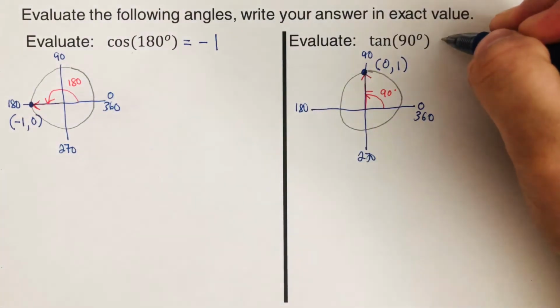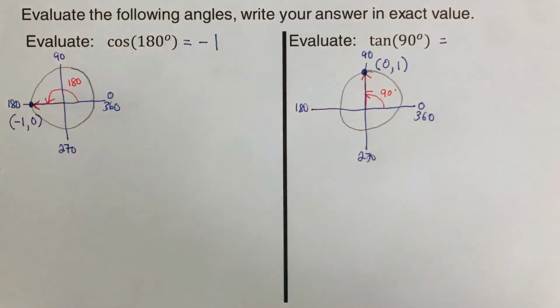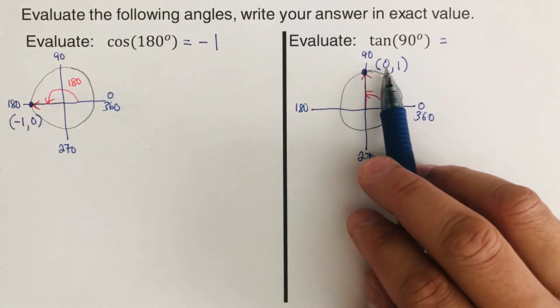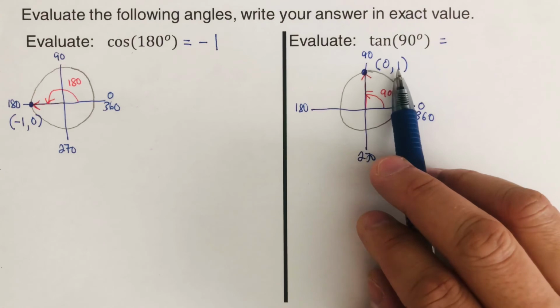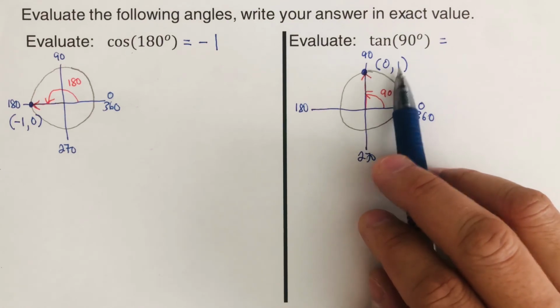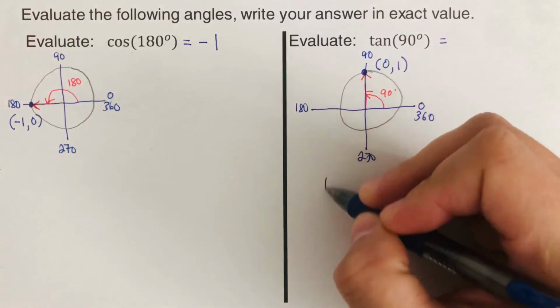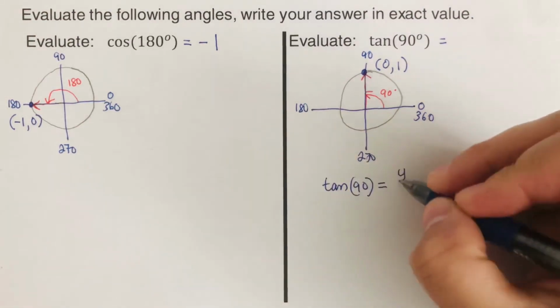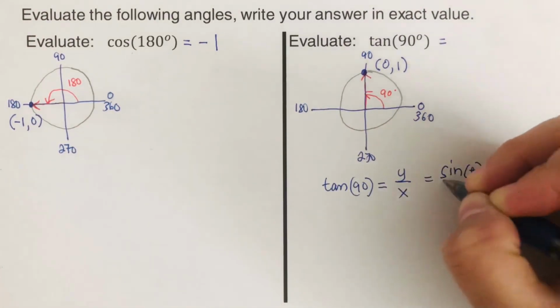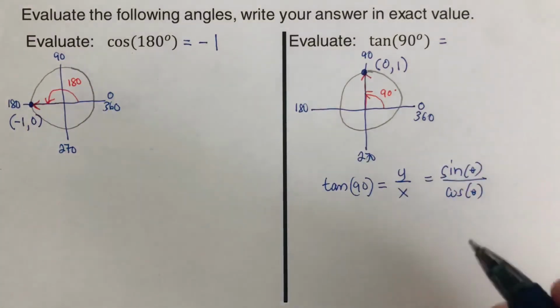So we go ahead and figure out the tangent of 90. We remember that this x represents the cosine of the angle and this y represents the sine of the angle. So pretty much there's no tangent. But in the previous slide, we learned that tangent is actually equal to y over x. So I can go ahead and write that down here. Okay, so we plug it in.